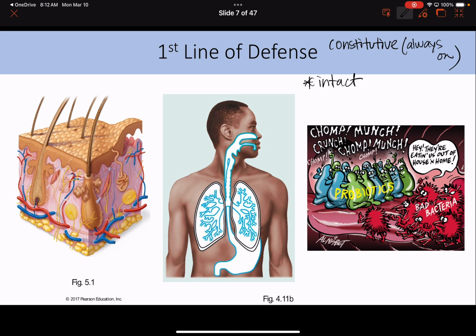So we have actually 3 different categories of our first line of defense, these barriers. So the ones that were listed on the diagram that we saw before, and I'm going to write a list out for you all. And there's some blank spaces in your lecture notes to write these out.